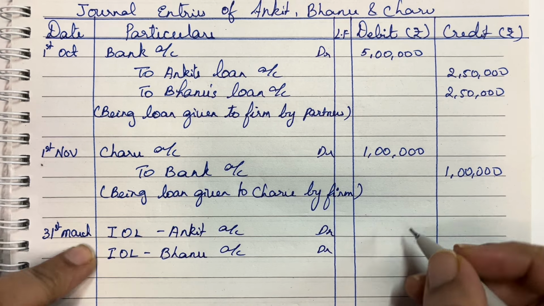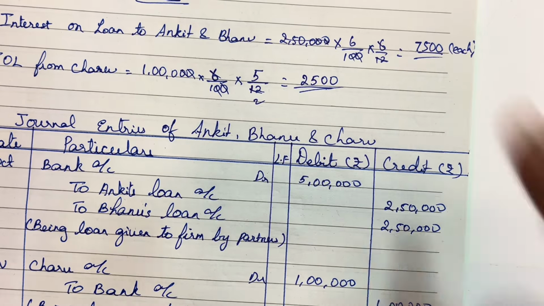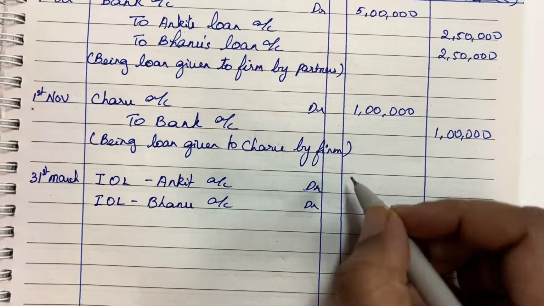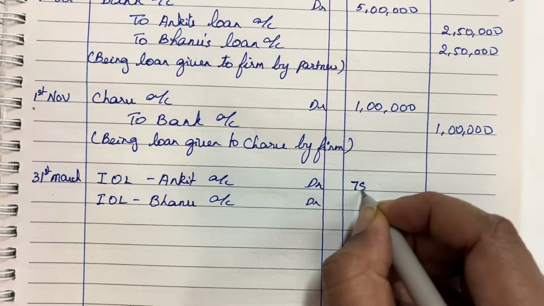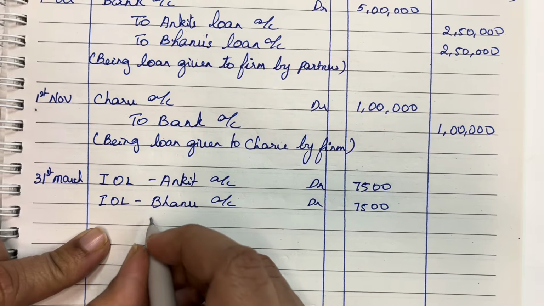What is the interest on loan amount? We had already calculated 7,500 each as the interest on loan. So we write 7,500, 7,500.